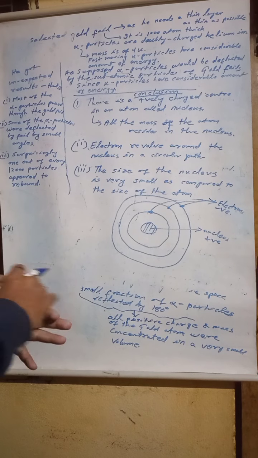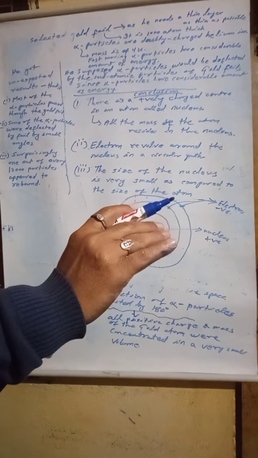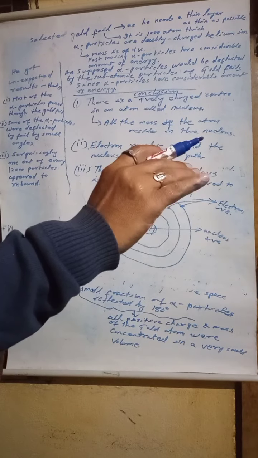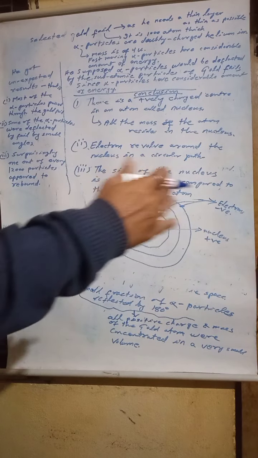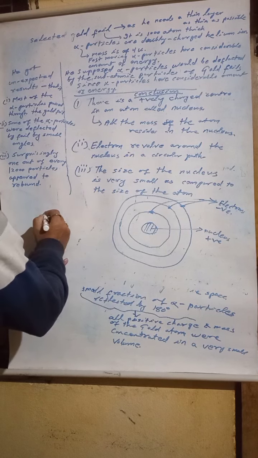That is, it collided with the foil and returned along the same straight line.